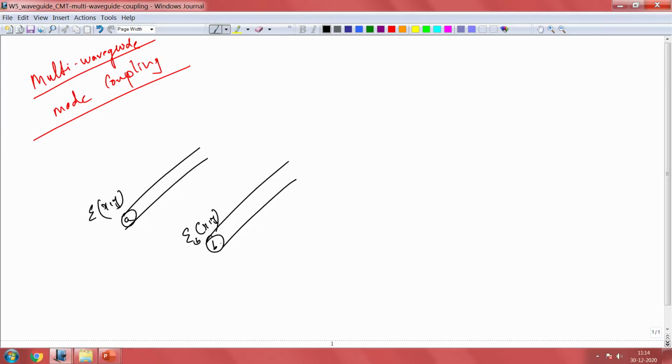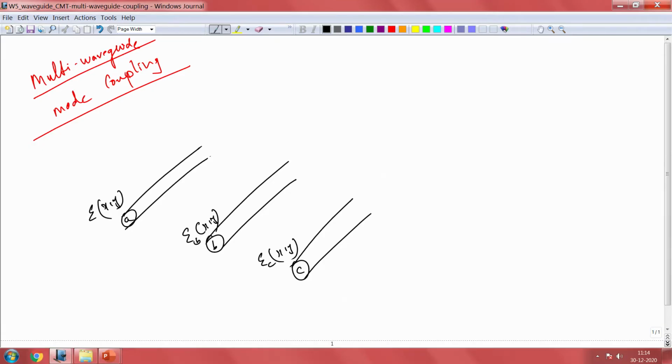This is waveguide b, and you could have another waveguide c, epsilon c x comma y. How do we couple the energy between these waveguides? There are multiple waveguide structures, and there are individual single waveguides as well.